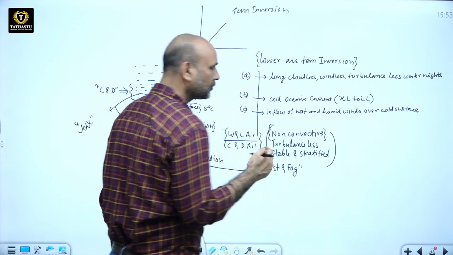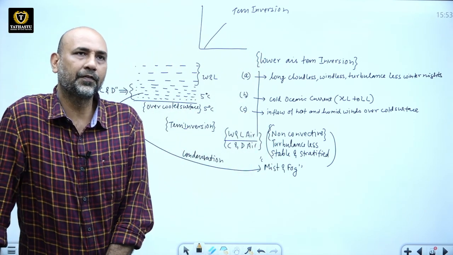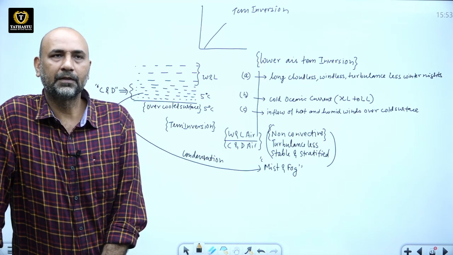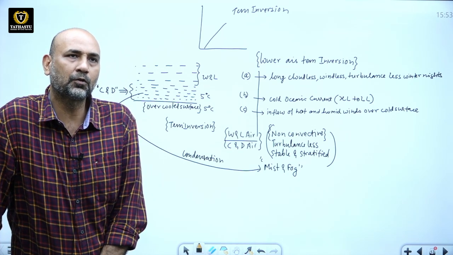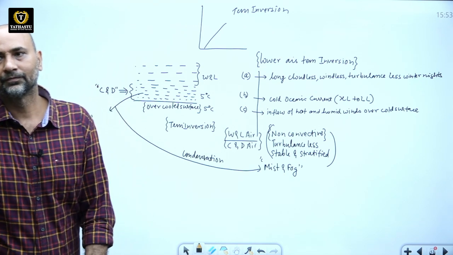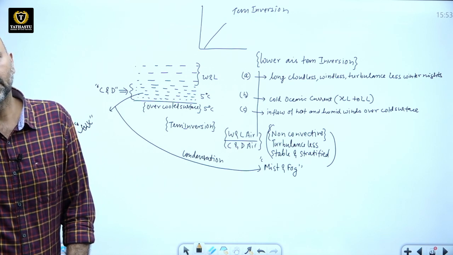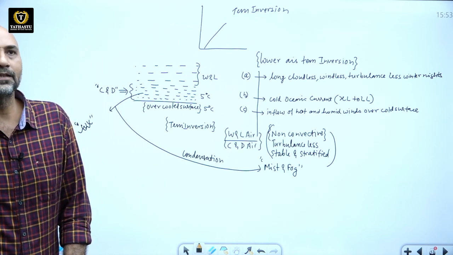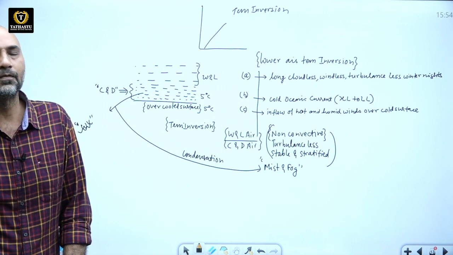Means distribution of water droplets into the air close to the surface of earth. If the density is low, that is called mist. If the density of the water droplets close to the surface of earth hanging in the atmosphere is high, that is called fog. So temperature inversion is a source of formation of mist and fog. As soon as the winter starts in the continental part of India, you will see formation of mist and fog.